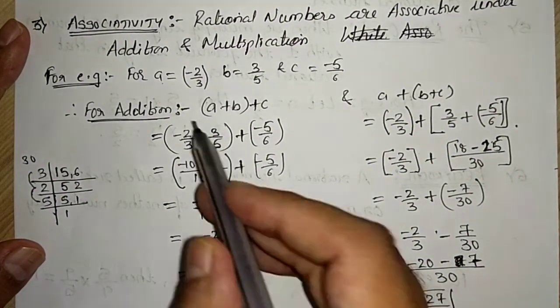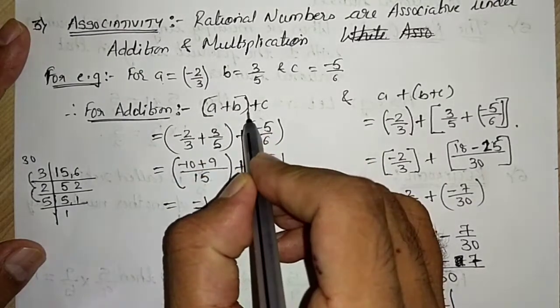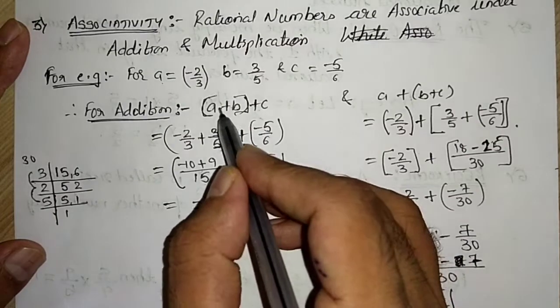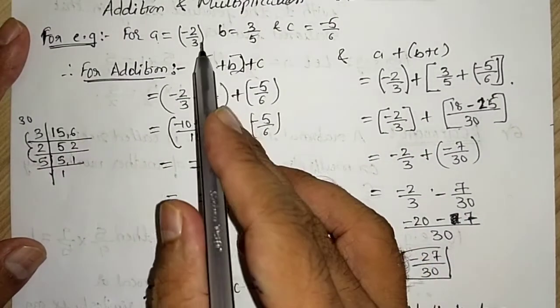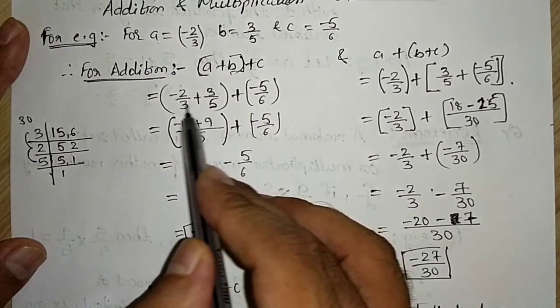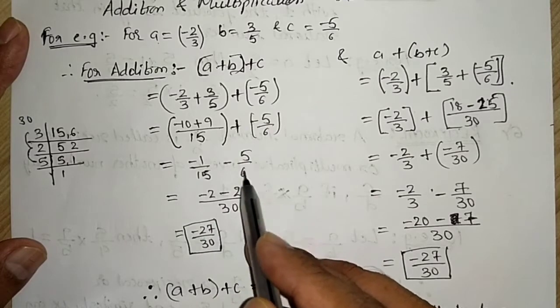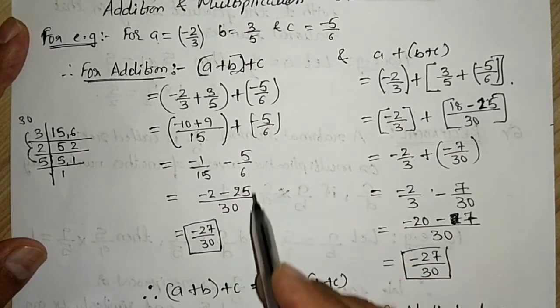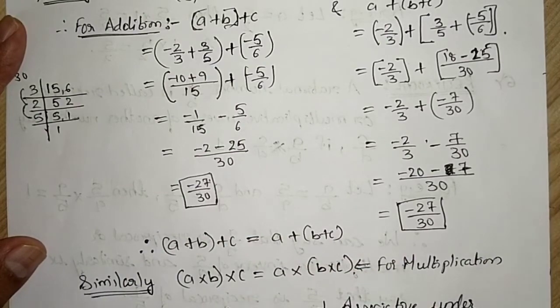If I am doing addition while grouping the first two numbers and adding the result of these two numbers to C, that means I have first solved the bracket and then added the resulting answer to C. I got the answer as minus 27 by 30.